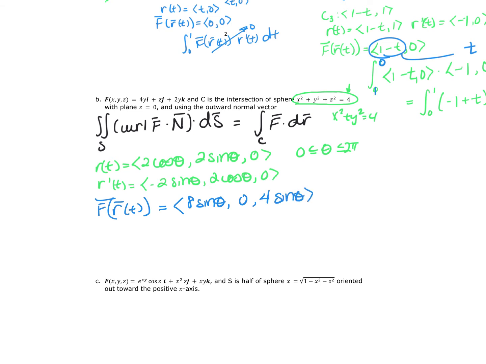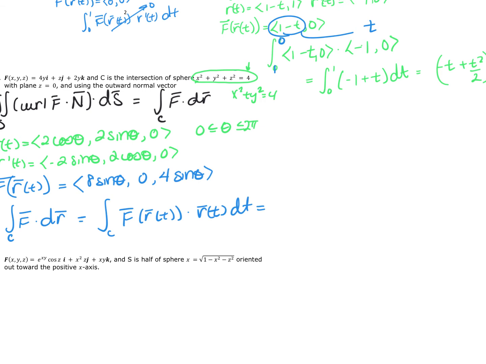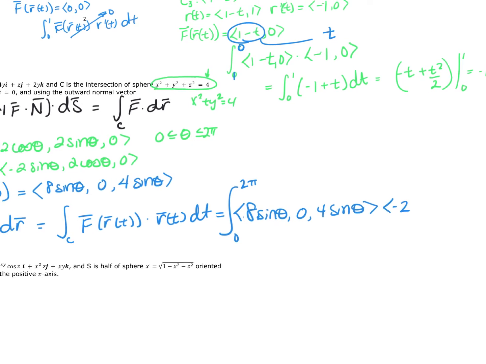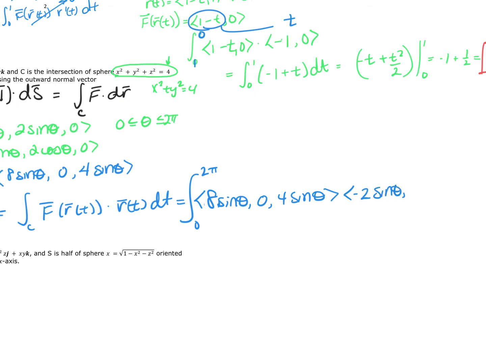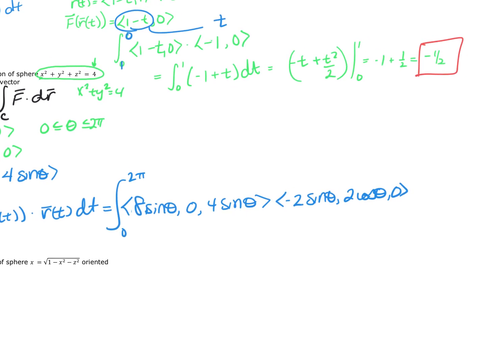Okay, so now I'm ready to set up the integration. So this integral over c of f dotted with dr is going to be the integration over c of f of r of t dotted with r prime of t dt, which is going to be equal to, sorry about that, the integral from 0 to 2 pi of 8 sine of theta, 0, and 4 sine of theta, dotted with negative 2 sine theta, 2 cosine theta, and 0, d theta.